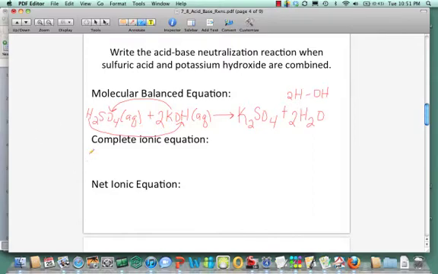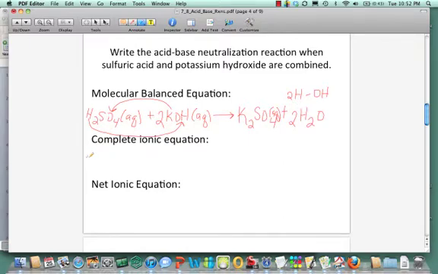Now it's pretty tedious, but we need to write a complete ionic equation. So everything that's aqueous in this equation, this is aqueous too, I forgot to write it, gets written as separate ions.